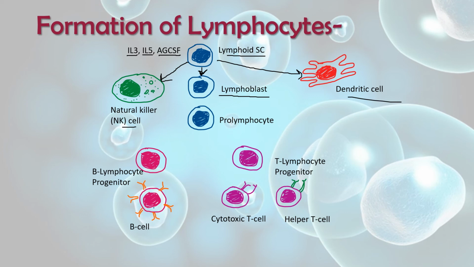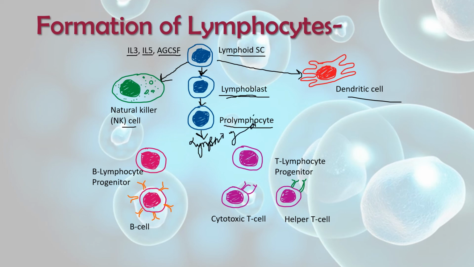So let's continue with how lymphocytes are formed. From the lymphoid stem cells, lymphoblast is formed, and from the lymphoblast, prolymphocyte is formed. Now, from the prolymphocytes, the lymphocyte cell is formed.